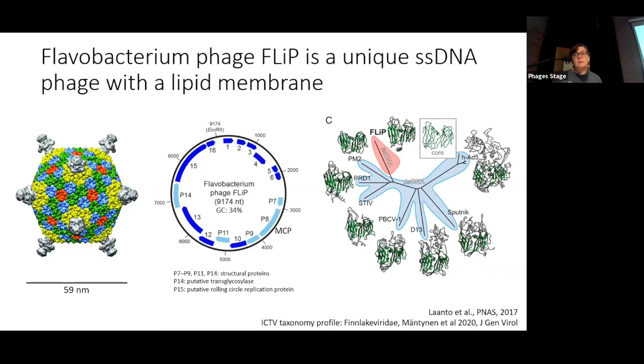But all these other phages and viruses have a double-stranded DNA genome, whereas so far Flip is the only one with a single-stranded DNA molecule. And we have suggested Flip to belong to Finnlakeviridae just a couple of years ago, since it doesn't resemble other known phages or viruses.